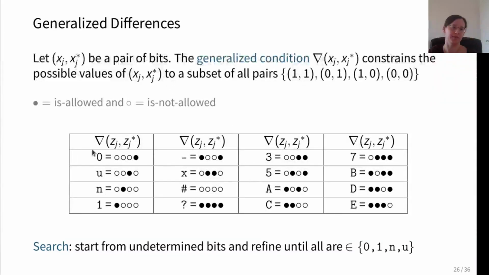So for example, the generalized difference that we denote by 0 means that out of these 4 possible values of our target bit pair, only one, namely the last, so 0, 0 is possible. So 1 logically means both bits are 0. 1 means both bits are 1.